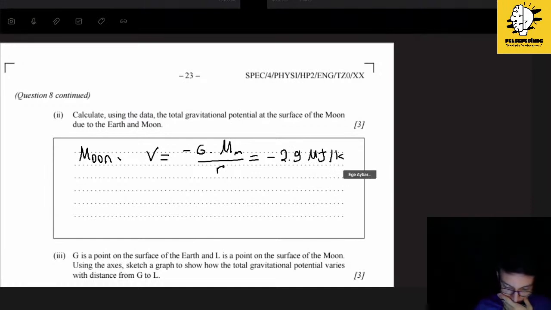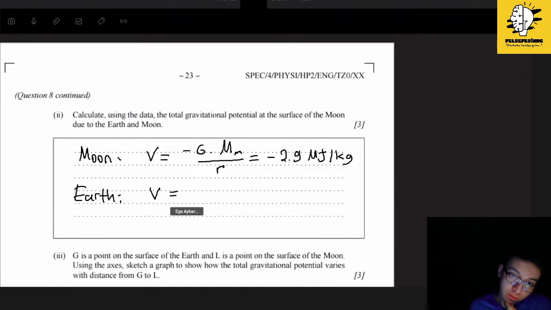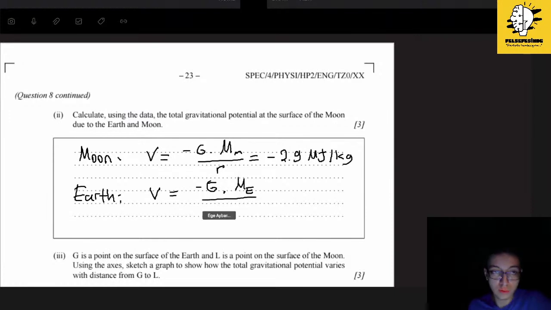Yes, it's very important. And Earth will have V equal to minus G times the mass of Earth over the separation, from the center of mass of Earth to the surface of the Moon. It also gives the data in the beginning of the question, so no problem with that.